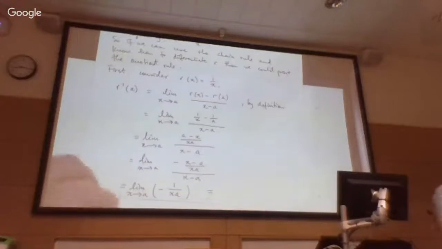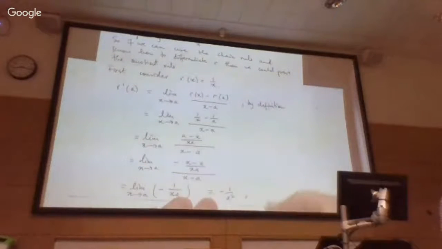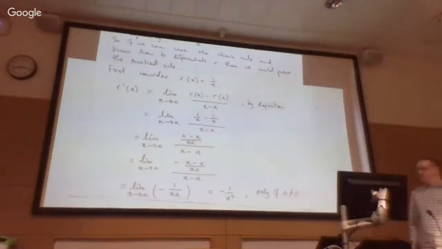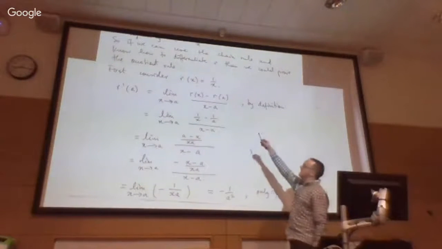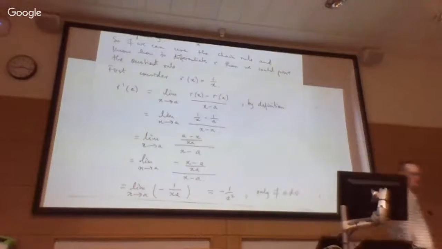And this limit we can now simply evaluate just by substituting the limiting value of x, a, and it's going to give us minus 1 over a squared. All of this would only be valid, of course, if a is non-zero. The reciprocal function is not defined at 0 anyway, so you can't define the reciprocal function at 0.